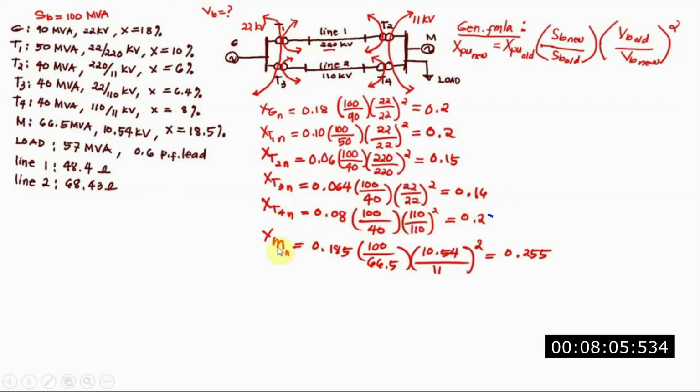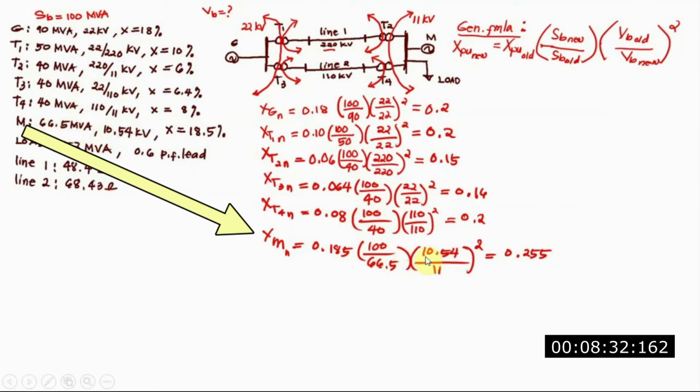For the motor, you have the old per unit X, 10.5%, which is 0.185, and the new apparent power, yes, we have selected 100 MVA, divided by the old. What is the old? The old is here, 66.5 MVA.